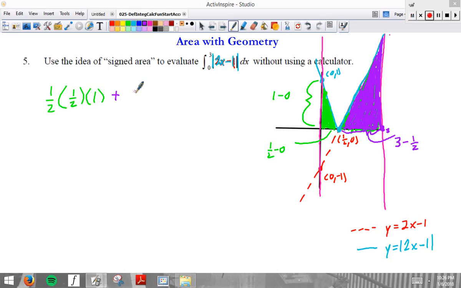So the purple area is 1/2 times 3 minus 1/2, which is actually 5/2, times the height. Now, this is definitely y equals 0, but how tall is this? For that, I need to know the coordinate of that point right there.